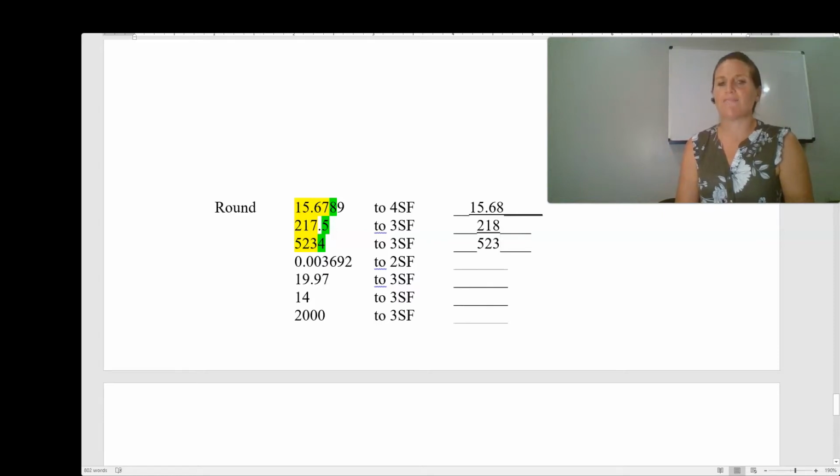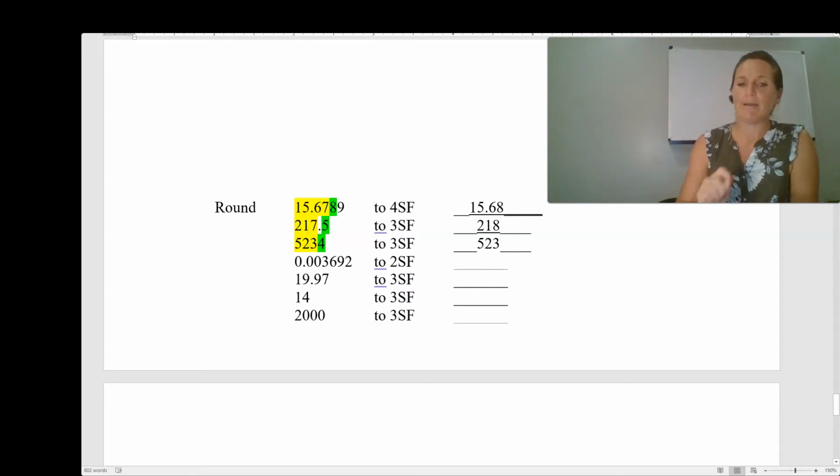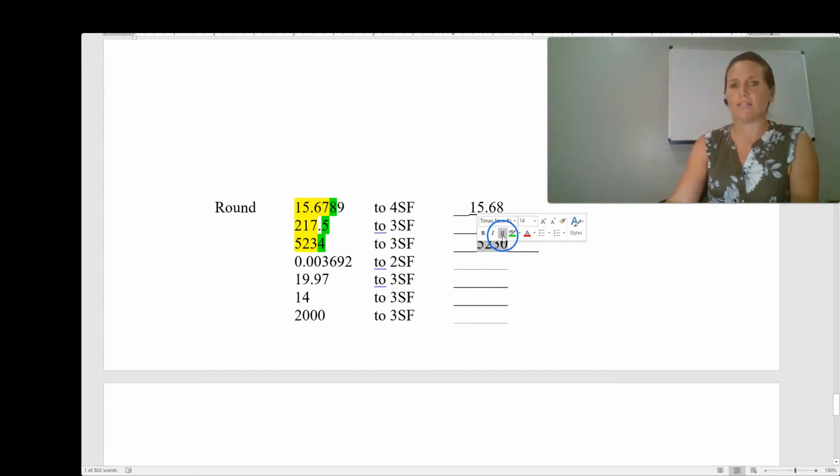Does it make sense that 5,234 would round off to 523? No, that does not make sense. I need my placeholder. 5,234 rounds to 5,230.